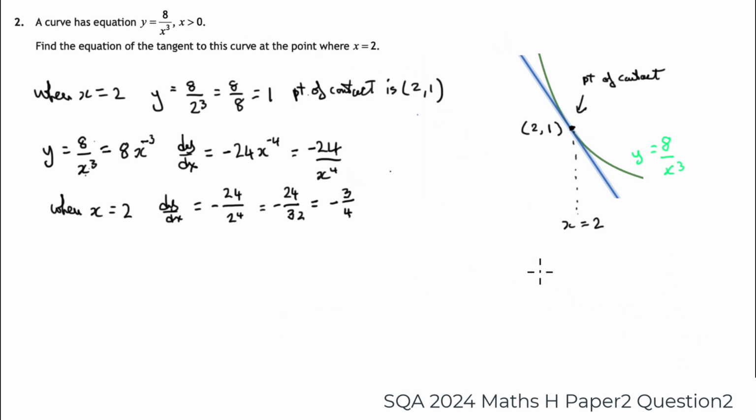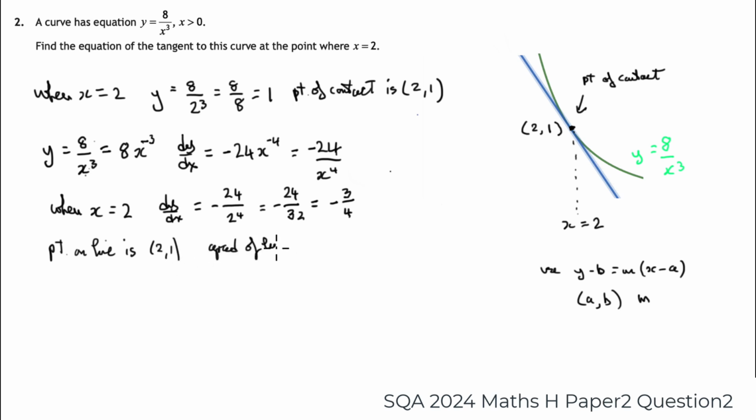So find the equation of the tangent. We'll use the usual y minus b equals m times x minus a, where the point (a, b) lies on the line and the line has gradient m. So do we know a point on the line? Yes, we do. Point on line is 2, 1. And the gradient of that tangent line is negative 3/4.